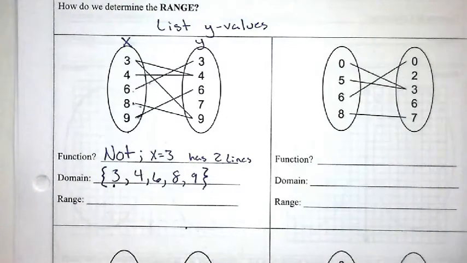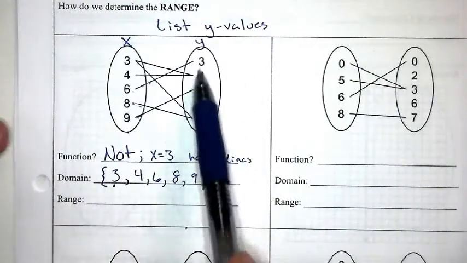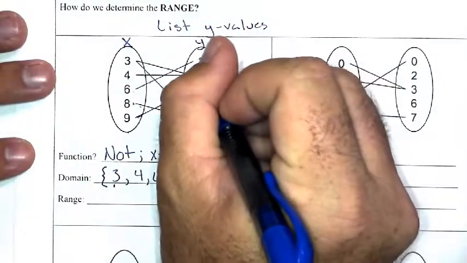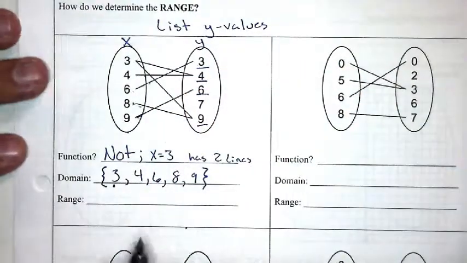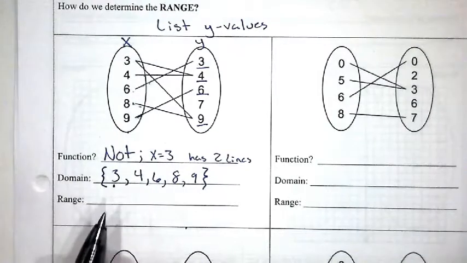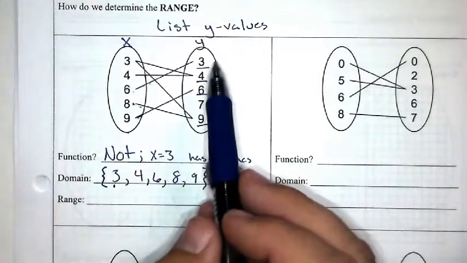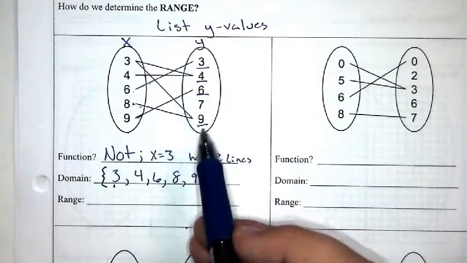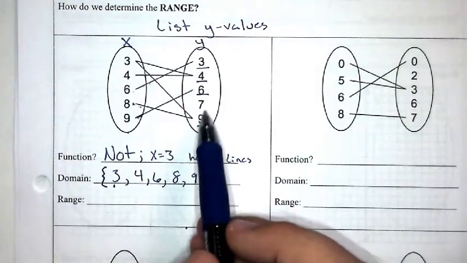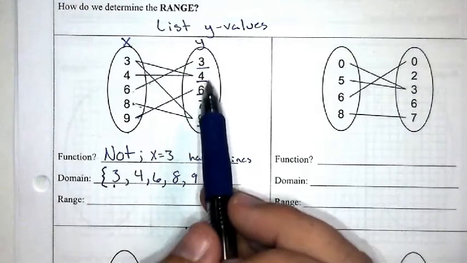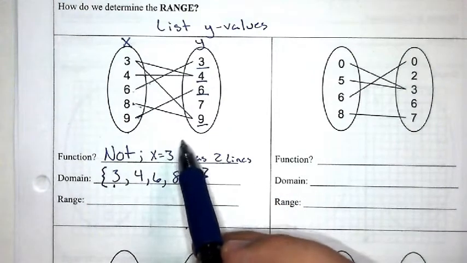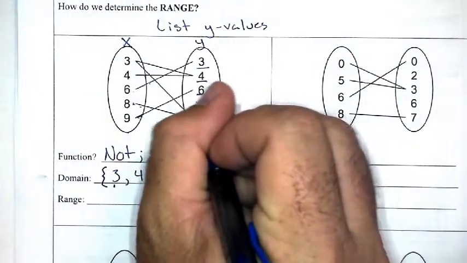Your range is the y values. Now, the most important thing is the only y values I write are the ones that have a line connected to it. I have 1, 2, 3, 4, 5 total numbers in the y section. Do all 5 numbers have a line connected to it? No. So it's basically like that 7 isn't even there.